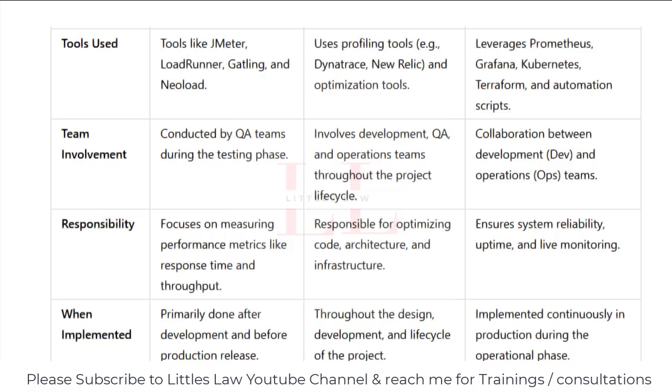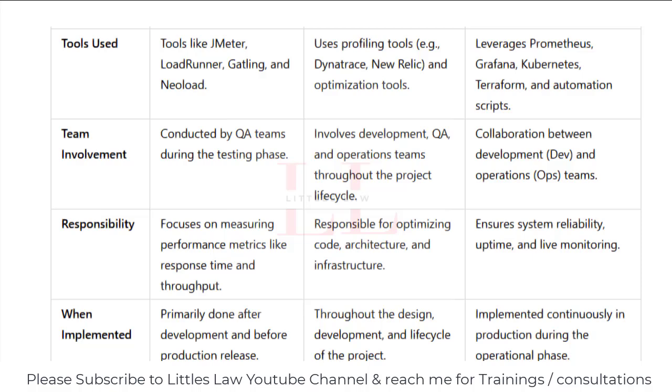Coming to the performance engineering tools, the performance engineers use profiling tools like Dynatrace, New Relic, and other optimization tools, because these profiling tools are used to analyze how the system is performing at the code or at the infrastructure level, and this helps us to identify the inefficiencies that can be fixed before the system is deployed. Right, so that's the reason the performance engineers use these tools like Dynatrace or New Relic or other optimization tools.